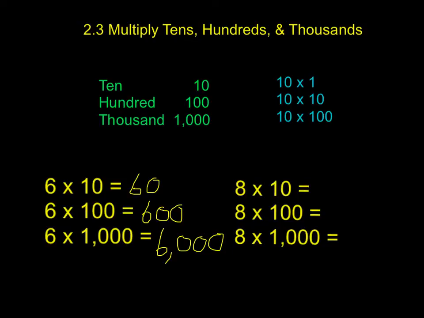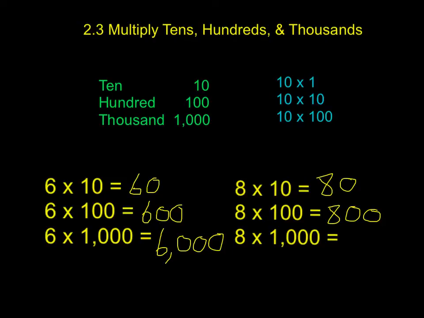8 times 10: 8 times 1 is going to be 8, and with a 0, 8 times 10 is 80. If we count by tens, we can go 10, 20, 30, 40, 50, 60, 70, 80 to know that we're up to 80. 8 times 100 is going to be the same as 8 times 10, which is 80, and then we have one other 0 here, so we're going to add another 0 over here. 8 times 100 is going to be 800.